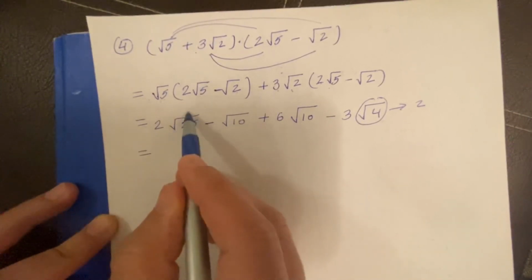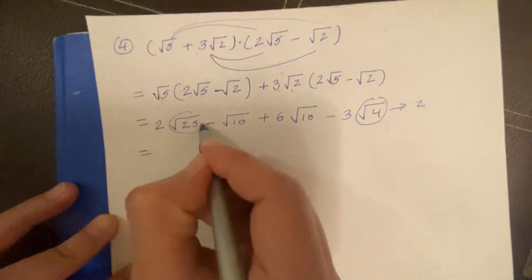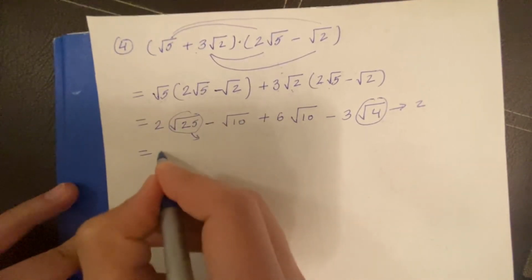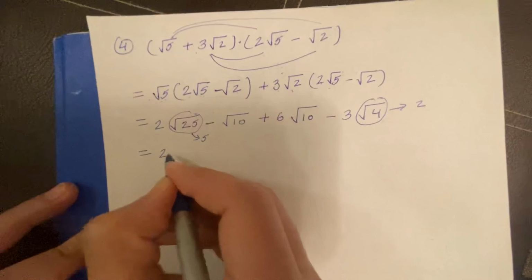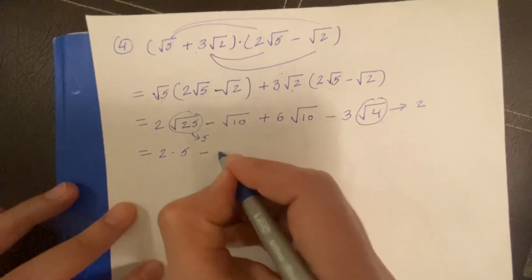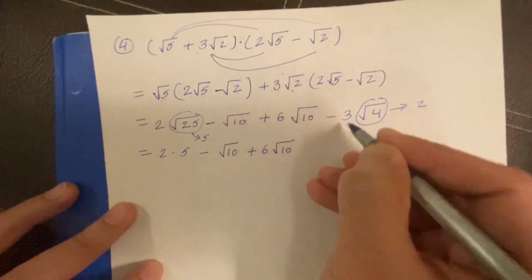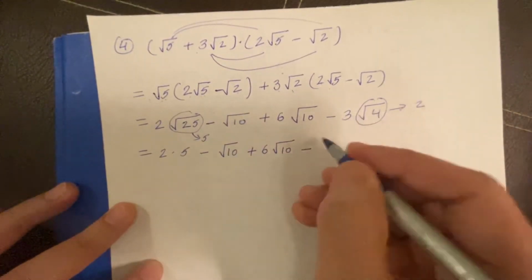Also, the square root of 25 is 5. So now we have 2 times 5 minus the square root of 10 plus 6 times the square root of 10 minus 3 times 2, which is 6.